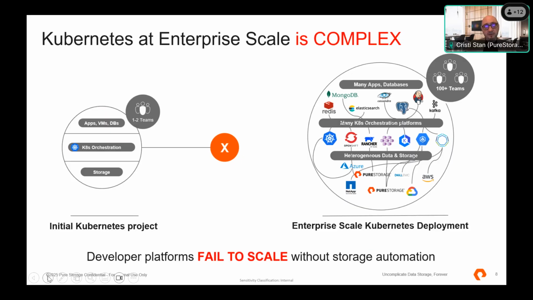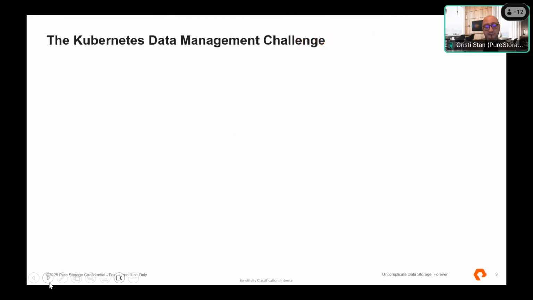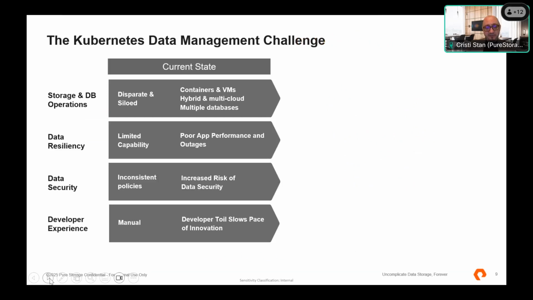Why should I care about staying tied to a vendor, for example NetApp, and not being able to abstract, and use not only NetApp, but if I want Dell, if I want, I don't know, HP, Pure, Hitachi, whatever, in the same cluster, having the same functionality from day zero up to production. So data management is complex in Kubernetes.